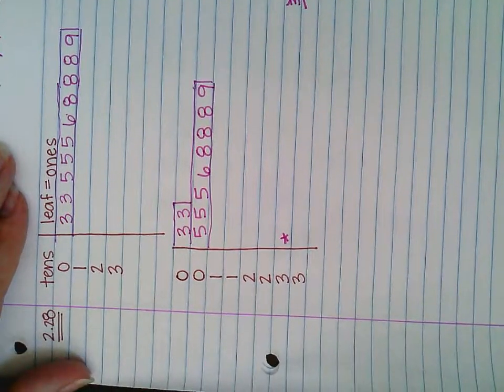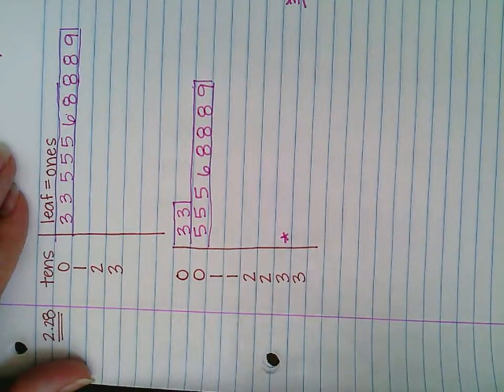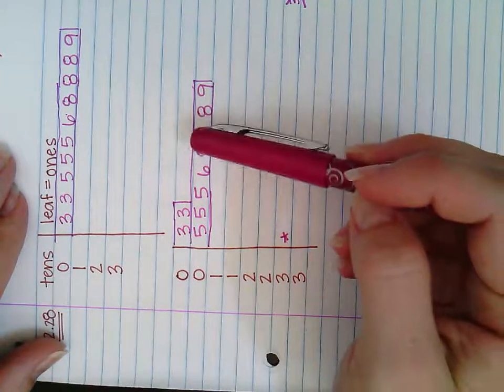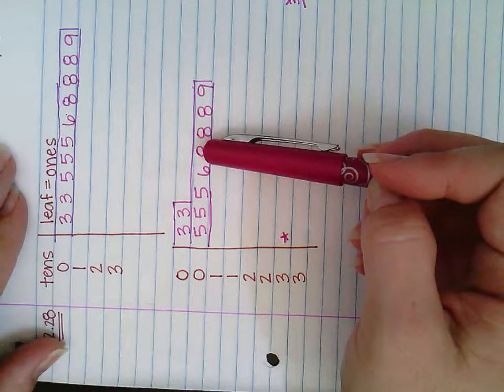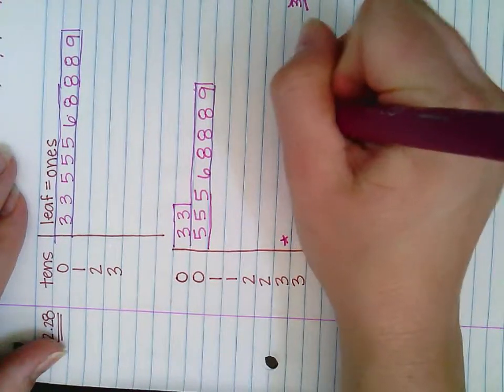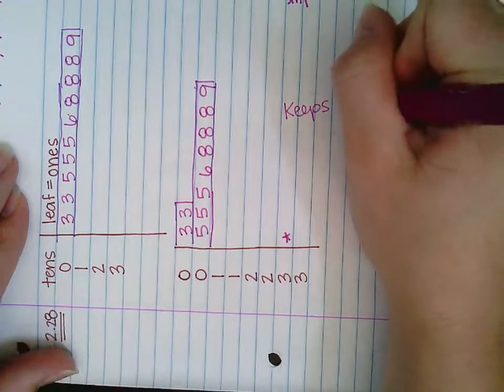I like showing students this because I think it makes a good visual for you. The other thing that stem and leaf plots, even though they're a pain to make, what makes them one of the best graphs is that it keeps the data values.